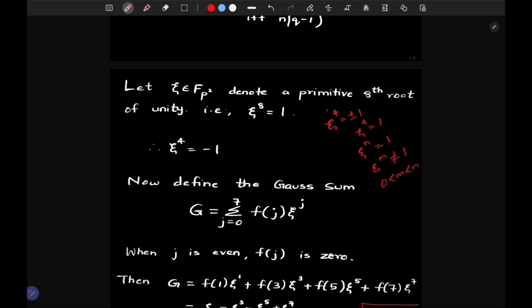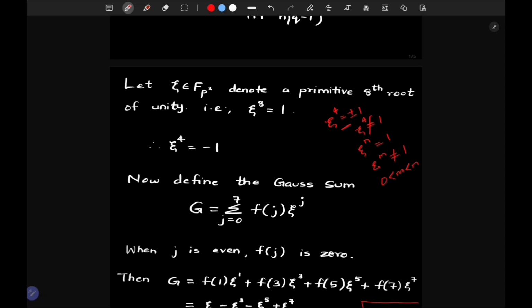Here we can see that 4 lies between 0 and 8. Therefore, ξ^4 is not equal to 1. Then the only remaining possibility is ξ^4 equals -1. So I got ξ^4 equals -1.